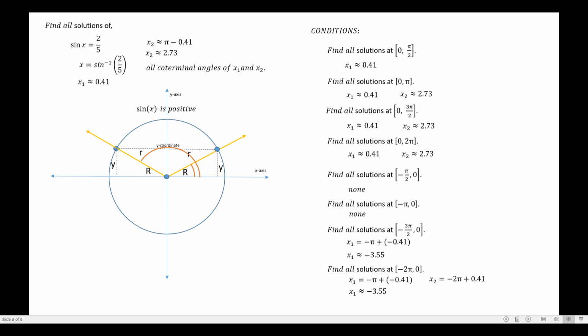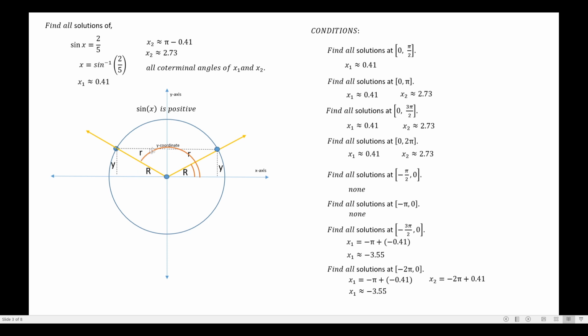So that means negative 2 pi, but actually, sorry, not minus the reference angle, but plus 0.41. Because it's like rotating clockwise, negative, and then going counterclockwise will be positive. So it's like negative 2 pi and then plus 0.41, moving counterclockwise 0.41.